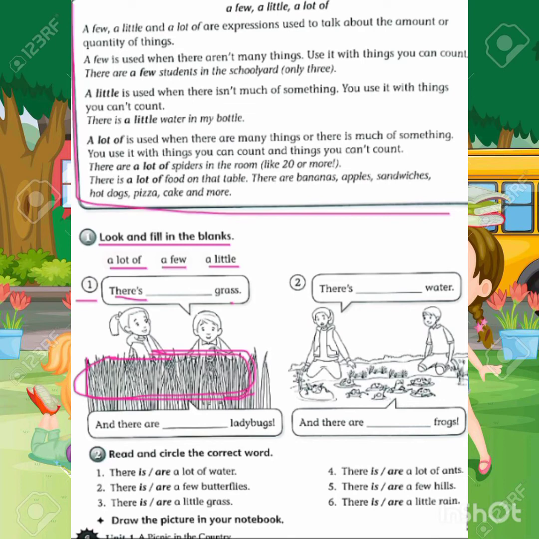After you look and fill in the blanks, you are going to do the activity number 3. Here, you have to read and circle the correct word. In every sentence, you have 2 actions. You have 2 verbs to be.